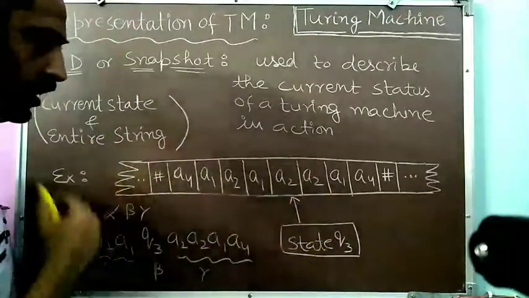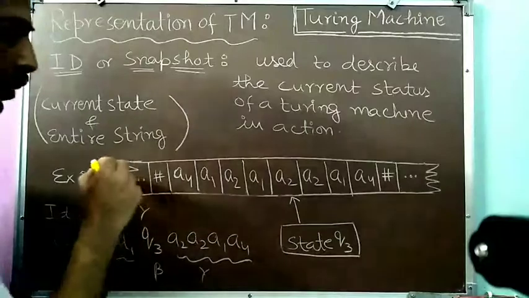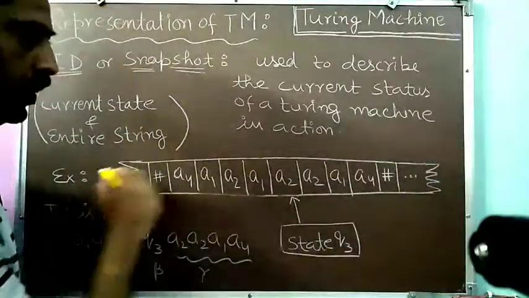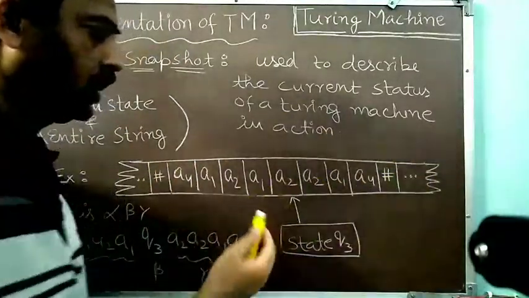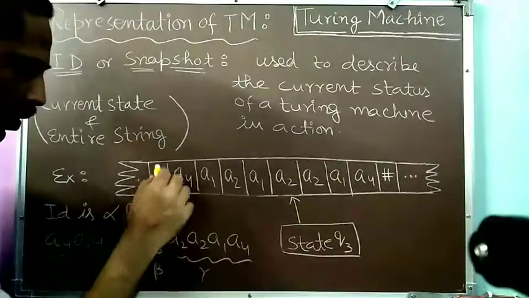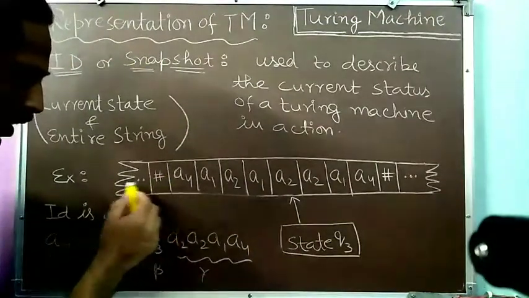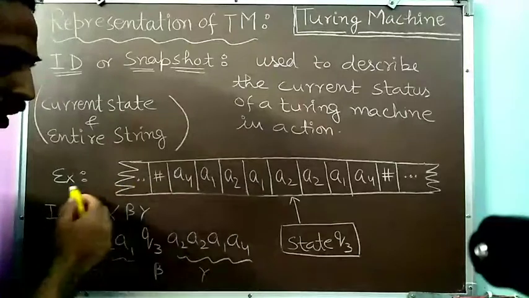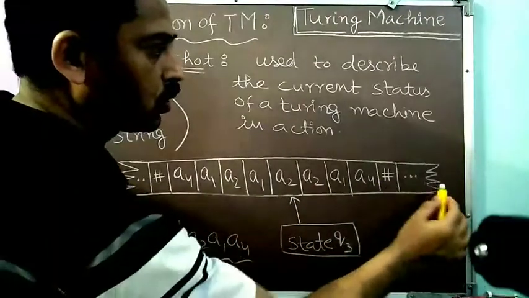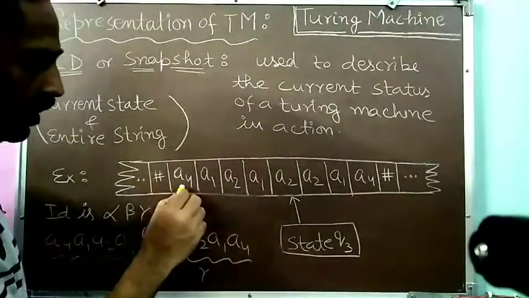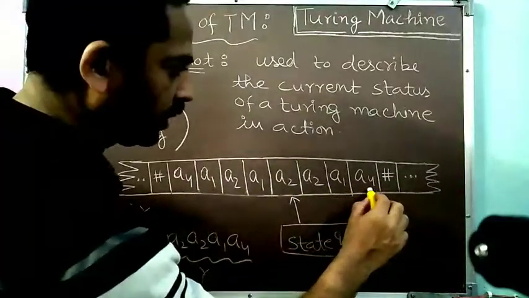Now with this example, it will be more clear to you. Suppose this is the situation of the tape of a Turing machine under action. To the left of it, we have only blanks, and to the right of it, we also have blanks. Our string starts from here and goes up to there.